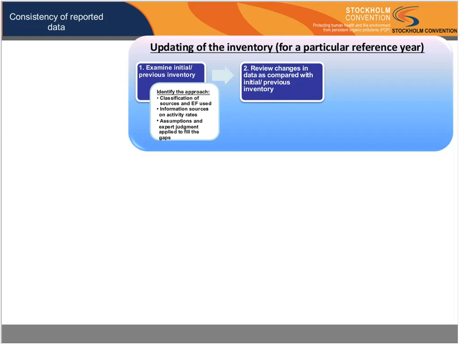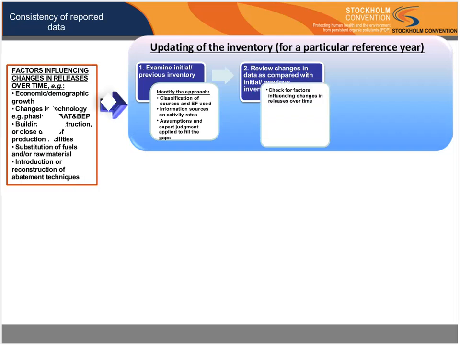So in a second step, the first thing to do is to review changes in data which occurred in the period between the two inventories.